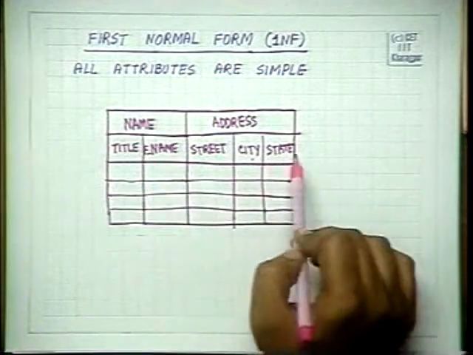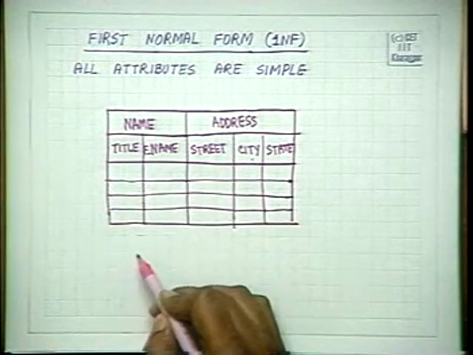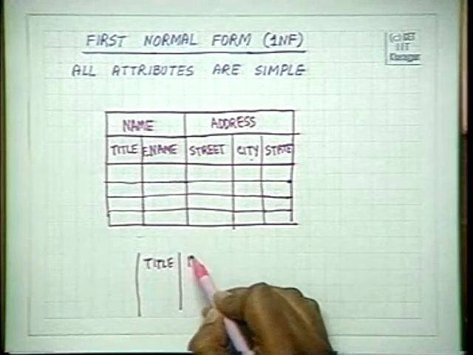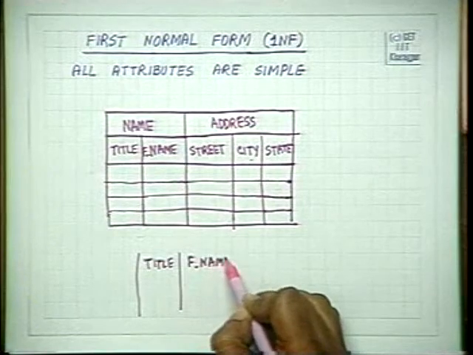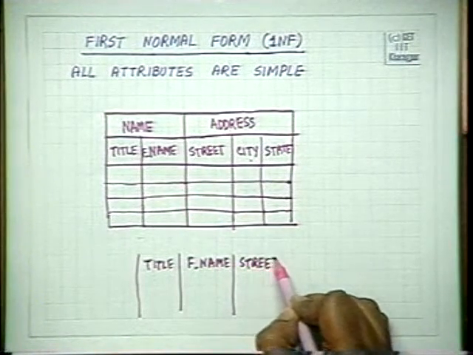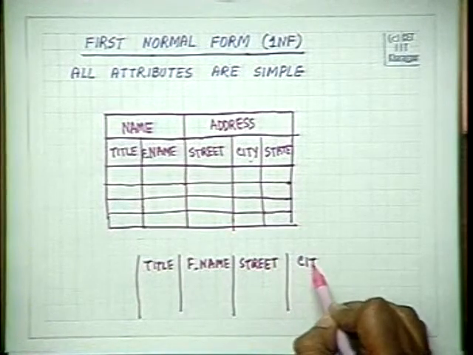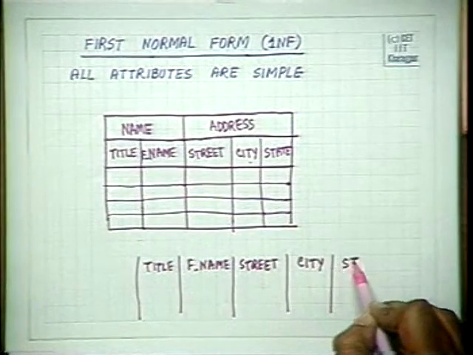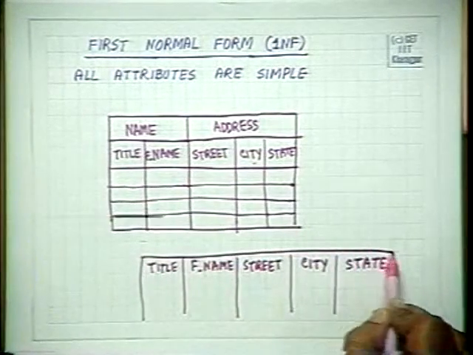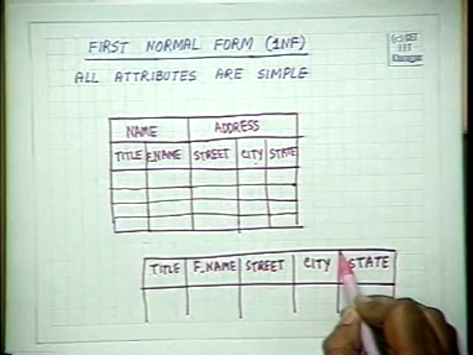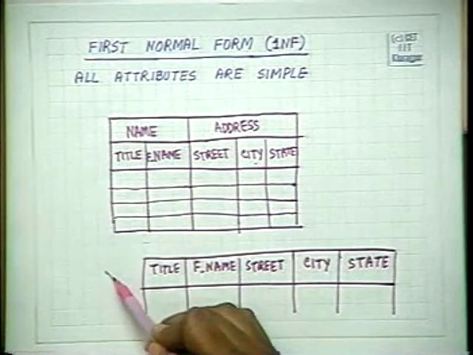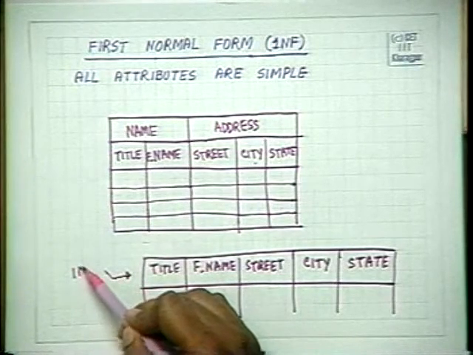And in this particular case, in order to make it simple, we will have title, fname, street, city, and state. This is a flat with no nesting, and this is said to be in 1NF.